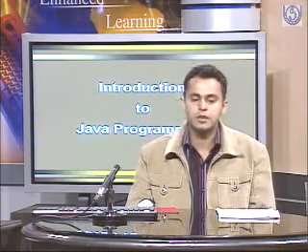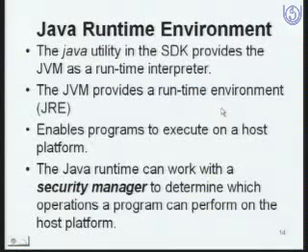Now let us see the Java runtime environment. What is the Java runtime environment, or JRE? The Java utility in the SDK provides the JVM as a runtime interpreter. That is, the JVM is supported by Java itself. The JVM provides a runtime environment, because it is an interpreter.